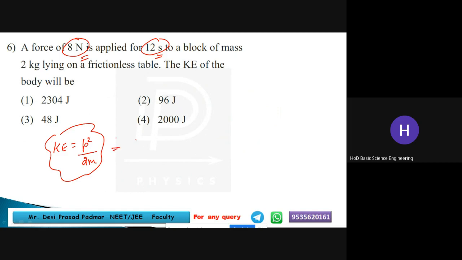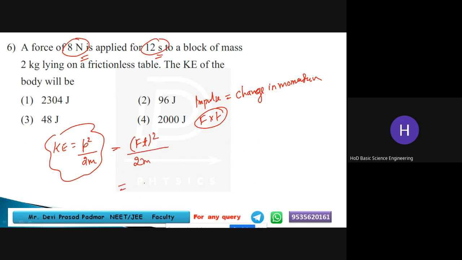So here, instead of P, you can calculate impulse. Impulse is force into time, F into T, and impulse is equal to change in momentum. Therefore, P square is (F into T) square, divided by 2 times mass.